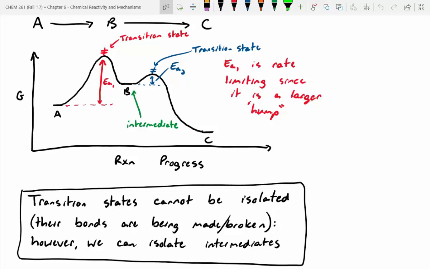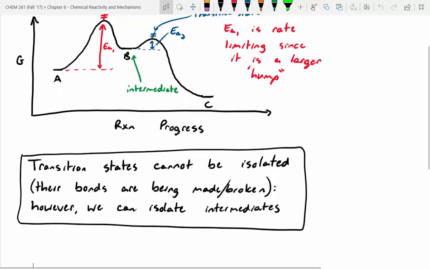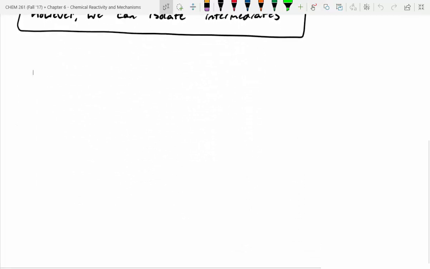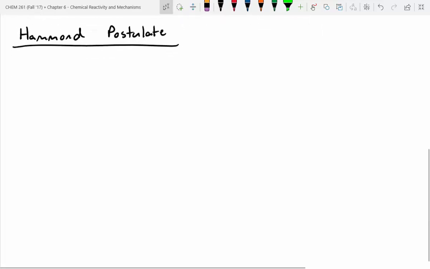So let's talk a little bit about that intermediate too and some of these transition states. And there's a postulate that helps explain some of this. It's called the Hammond Postulate. It makes a lot of sense, but let's write it out.